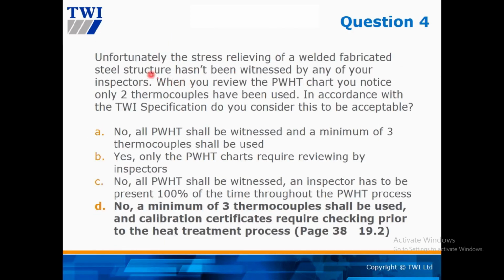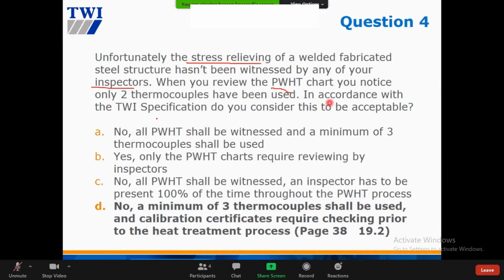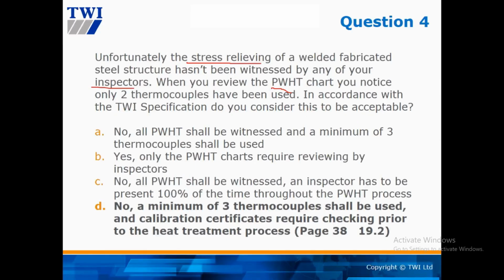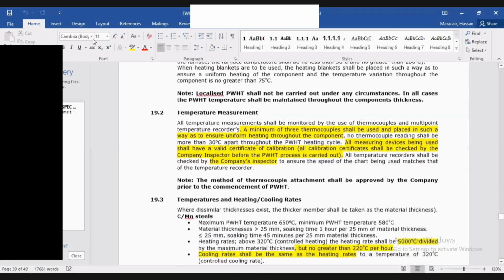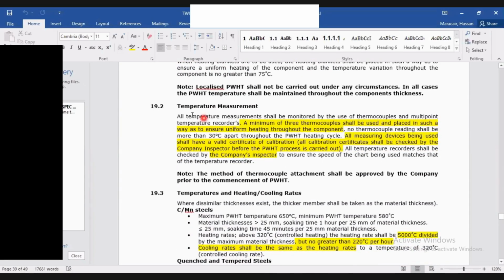Number 4, unfortunately, the stress relieving of the welded fabricated steel structure hasn't been witnessed by any of your inspectors. When you review the post-weld chart, you notice only 2 thermocouples have been used. In accordance with the spec, do you consider this to be acceptable? All right, look at the same page. Now look at 19.2, temperature measurement. All temperature measurements shall be monitored by the use of thermocouple and multi-point temperature recorder.